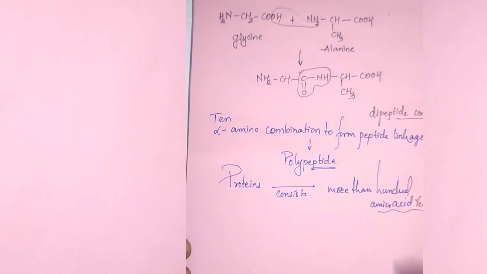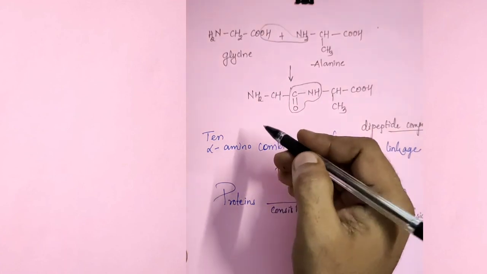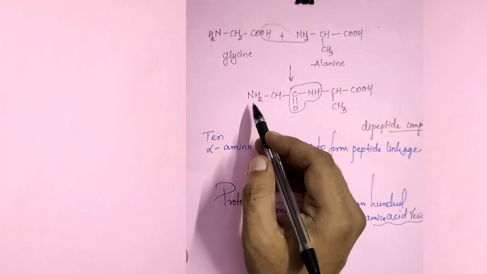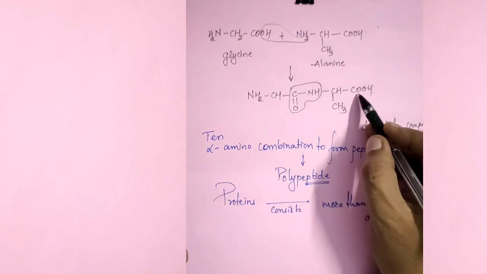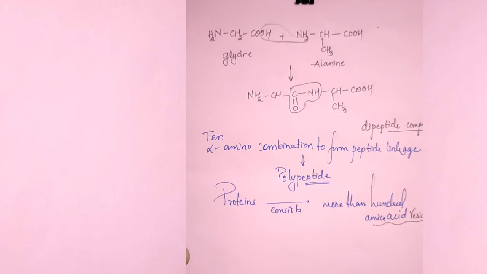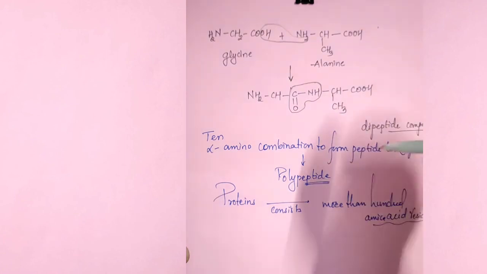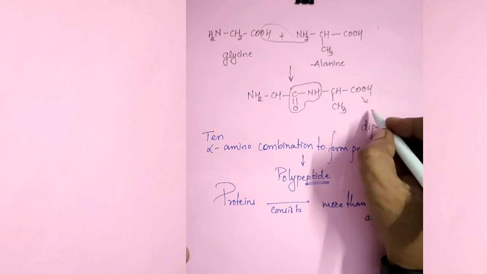The protein consists of, at one end, a COOH group. The COOH group is the carboxyl group, and this part is said to be the C terminal.